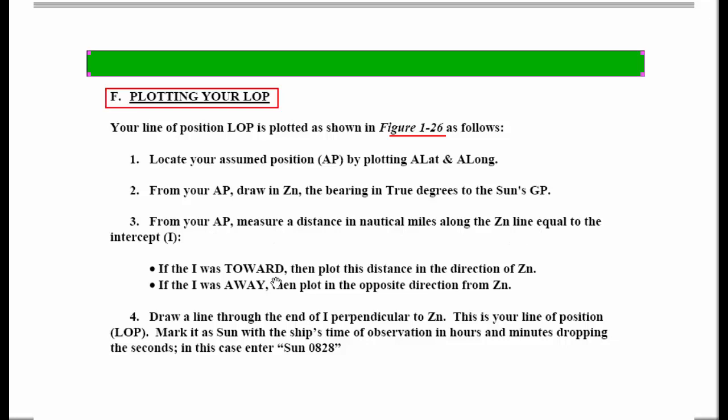If I was toward the GP, then plot this distance in the direction of the azimuth ZN. If I was away from the GP, then plot in the opposite direction. Draw a line through the end of I perpendicular to ZN. This is your line of position, LOP. Mark it as sun with the ship's time of observation in hours and minutes, dropping the seconds, in this case sun 0828. And that's all shown here.